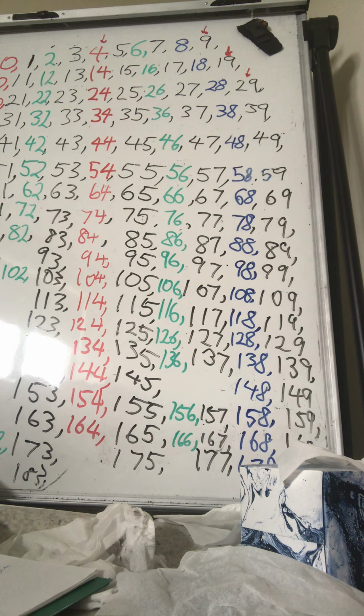Okay. What about the 2 times tables? So what do you get when you times 2 by things?